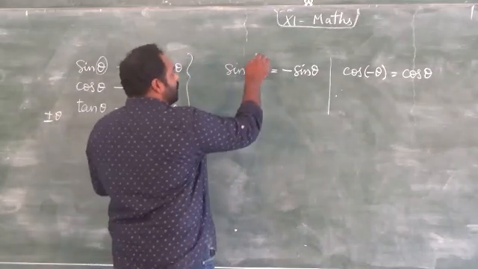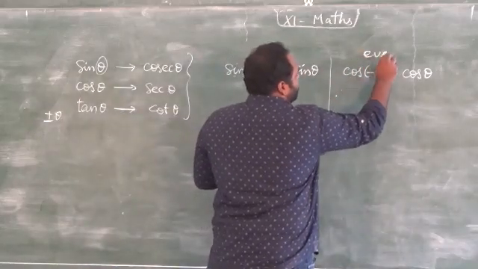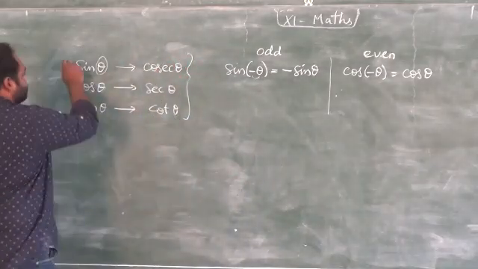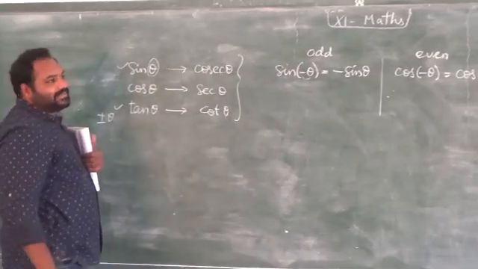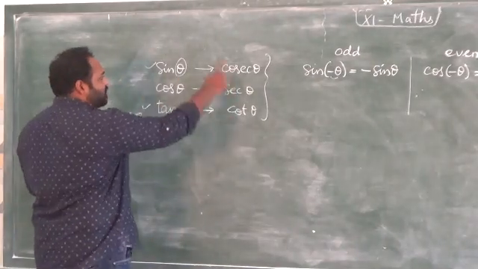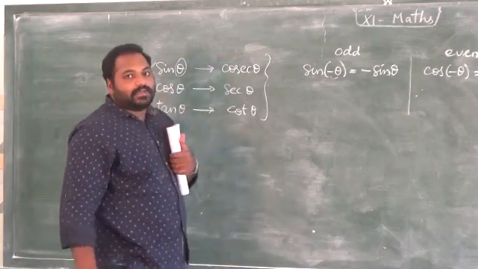So we can say these are odd functions and these are even functions. We have 4 odd functions: sine, tan theta, cosecant theta and cot theta. Only cos and secant are called even functions.